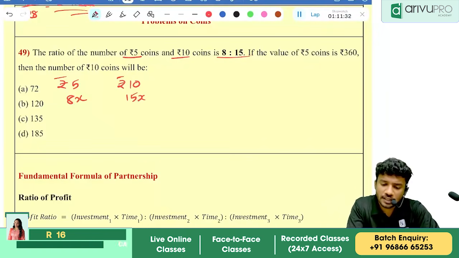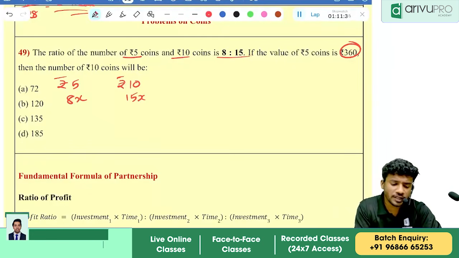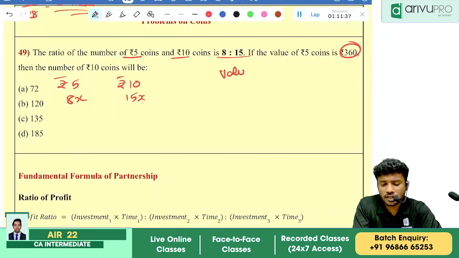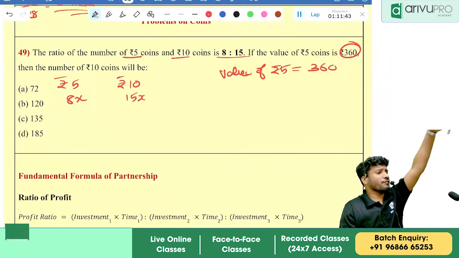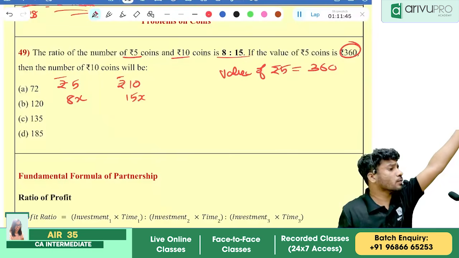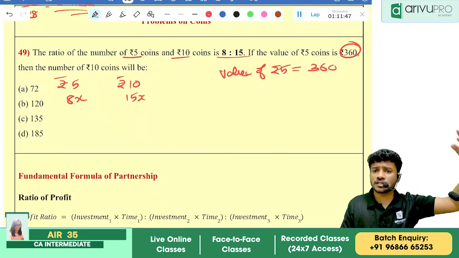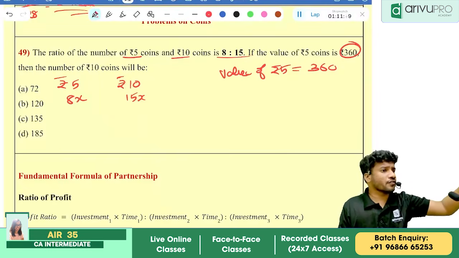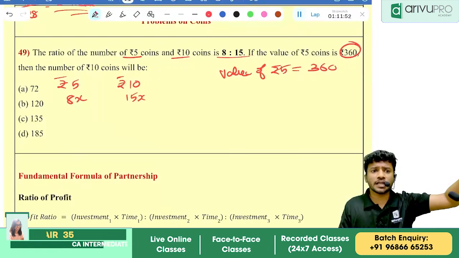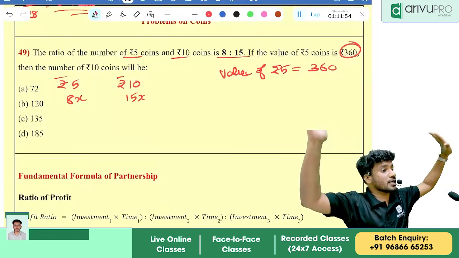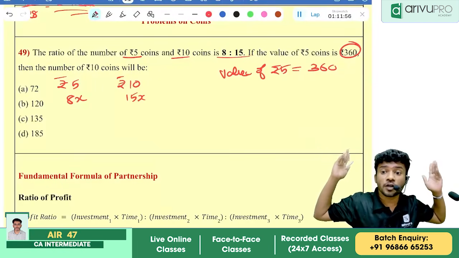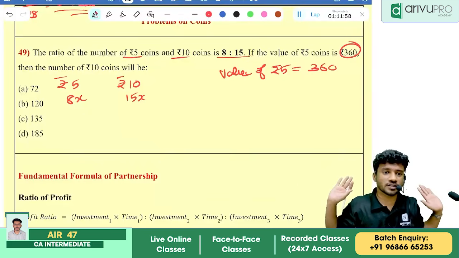Now they are telling us the value of the 5 rupee coins is 360. People, if 2 5 rupee coins are there, what is the value? 10. If 3 coins, 3 into 5 is 15. 4 into 5 is 20. If 25 coins are there, the value is 25 into 5, whatever the case.